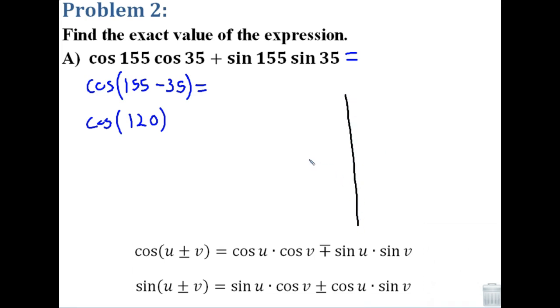Let's graph 120 degrees in standard position. We'll put the start of our angle on the positive x-axis. We'll open up past 90 but short of 180 to the second quadrant. We'll say this is what 120 degrees looks like. We'll make a reference triangle where my reference angle is 180 minus 120, which gives me 60.